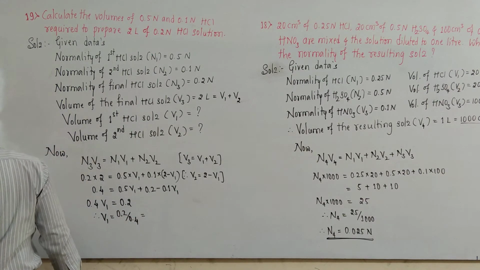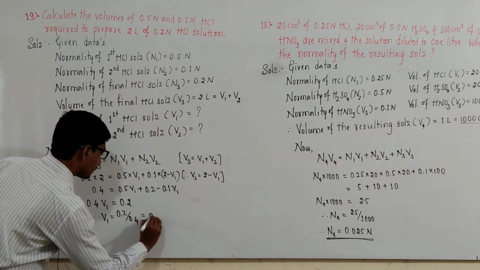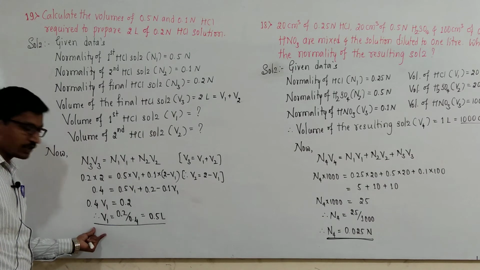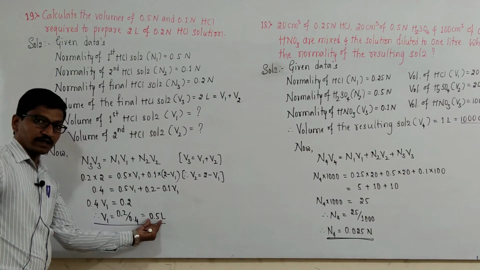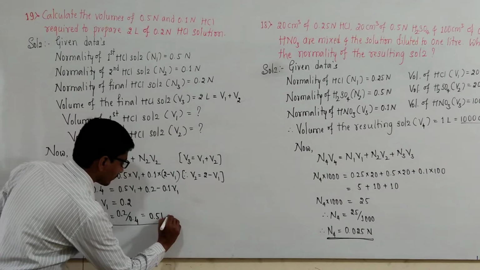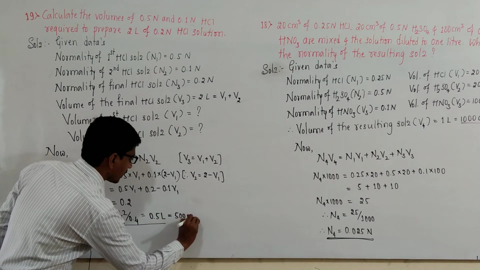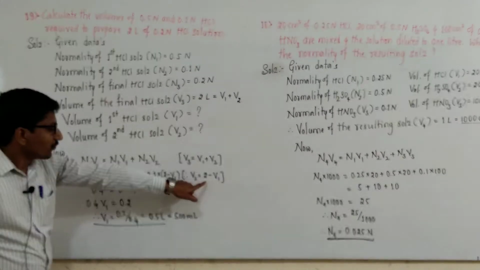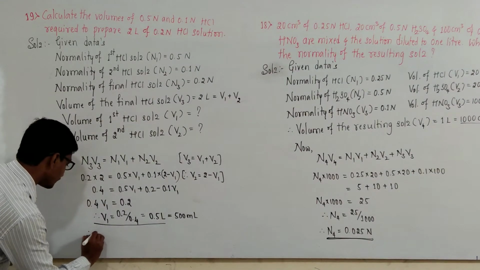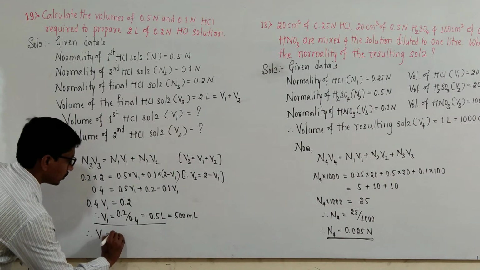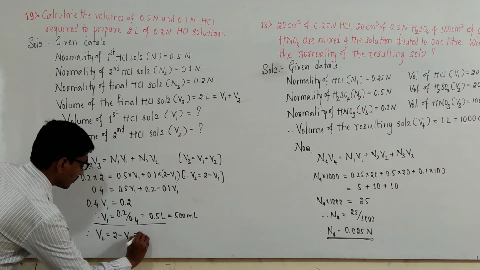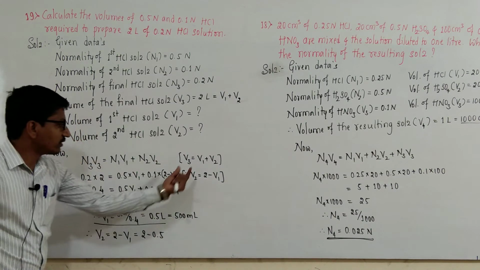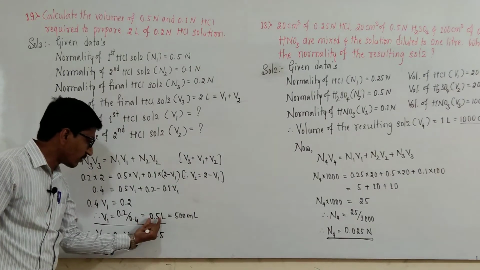This is equal to 0.5 liter. Volume of first solution is 0.5 liter or 500 ml. And from this relation we can calculate V2. Therefore, V2 is equal to 2 minus V1, 2 minus 0.5, because V3 is in liter, 2 liter, so we take 0.5 liter.